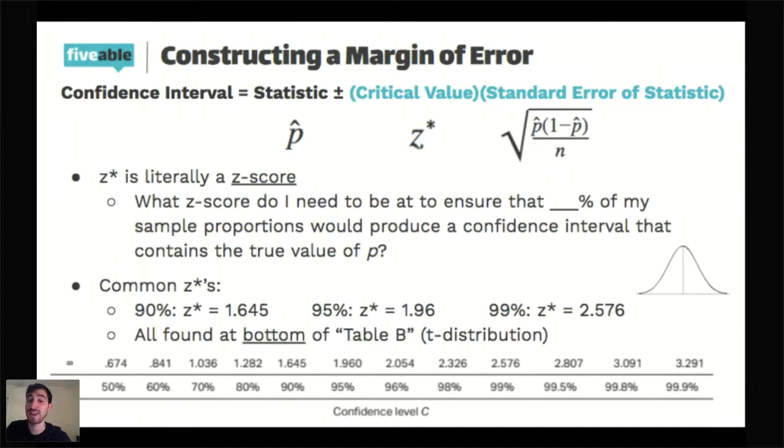So to ensure that 95% of all samples would contain the correct population proportion, we should use 1.96 times the standard error, and that will shade in 95% of the inside of that bell curve. And you might remember back from first semester, 68, 95, 99.7, your teachers might have told you that. 68% of all individuals in a normal distribution are within 1 deviation of the mean, and 95% within 2.